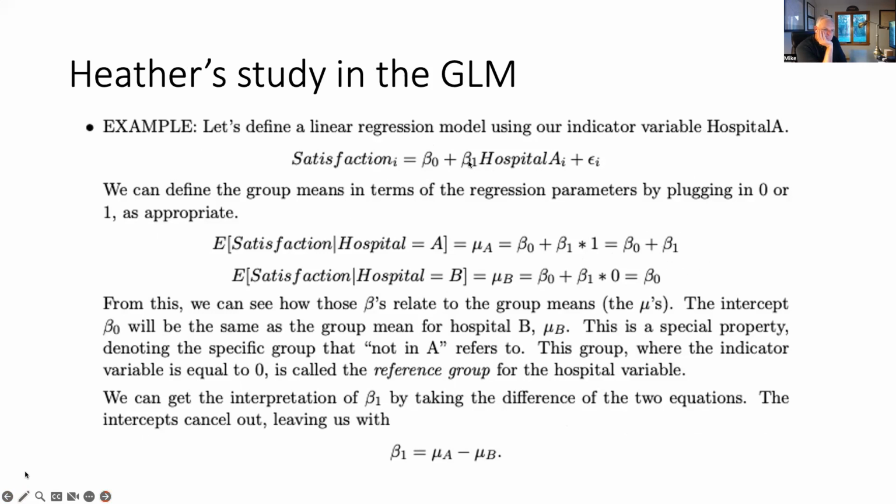And the slope for the indicator variable is the amount by which the reference group and the indicator group differ. It's literally that thing we're testing in the t-test. It's the difference between the group means.